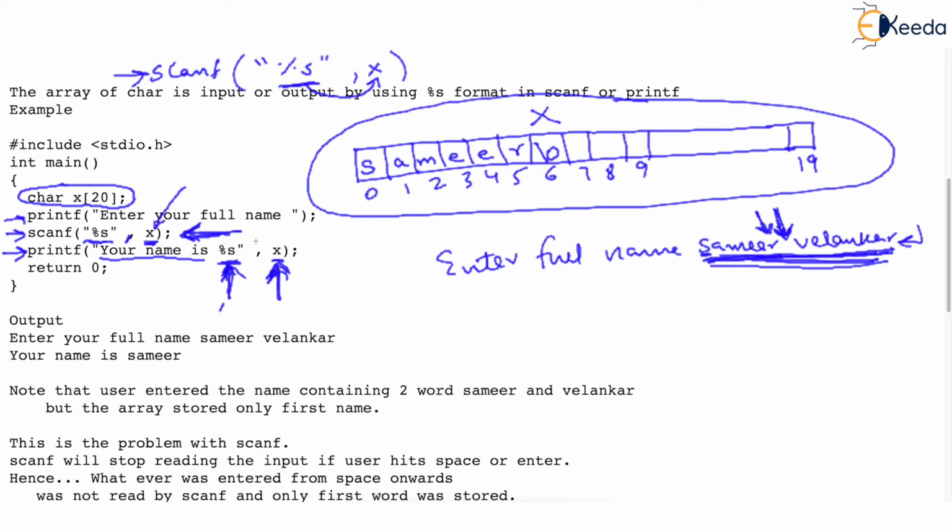Now %s, while printing this character array x, works as follows. What will this %s do? It will say, okay, you have asked me to print this x array, so I'll start printing from the 0 location.